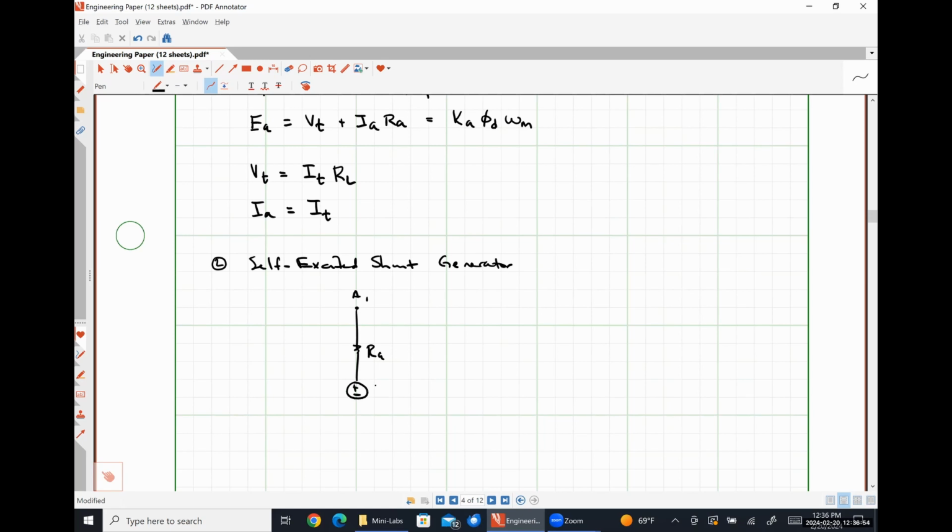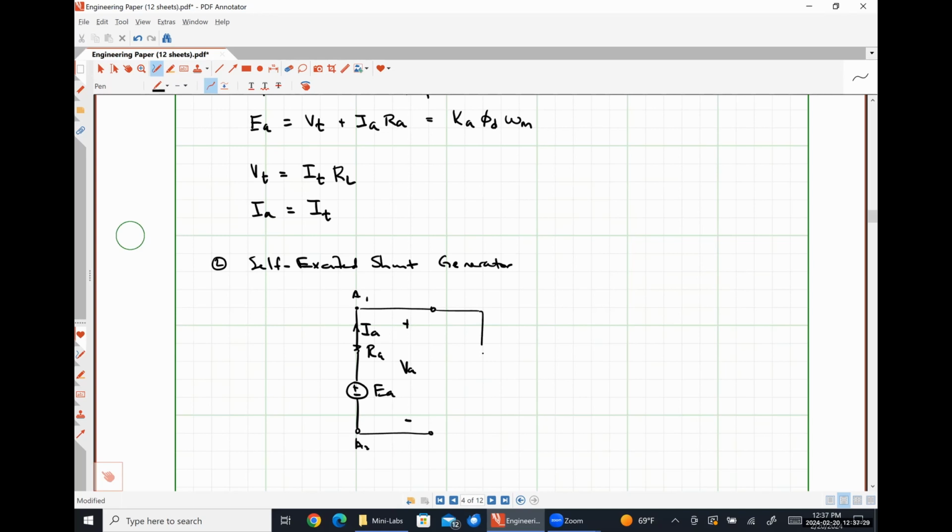RA and EA like so. This is my total armature voltage VA. This is my armature current IA. You may be asking yourself why I'm choosing to represent it here, so I'll explain that in a moment.